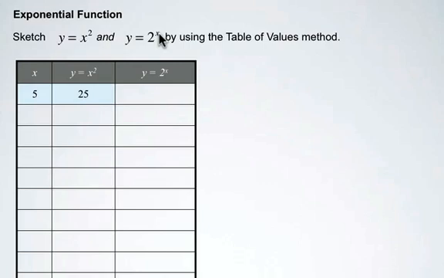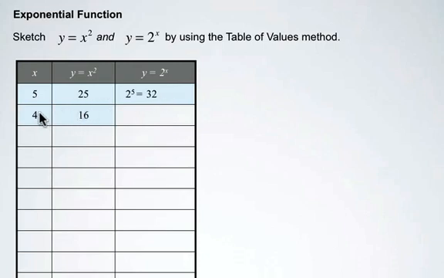We're going to begin by creating a table of values. So when x is equal to 5, x squared is 25, but 2 to the exponent x is 32.